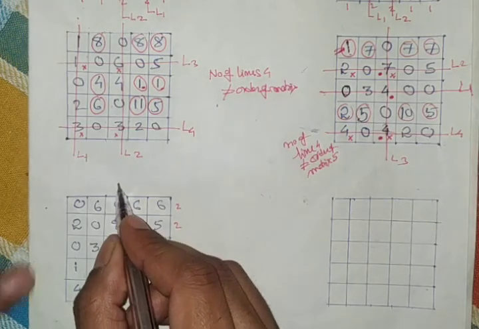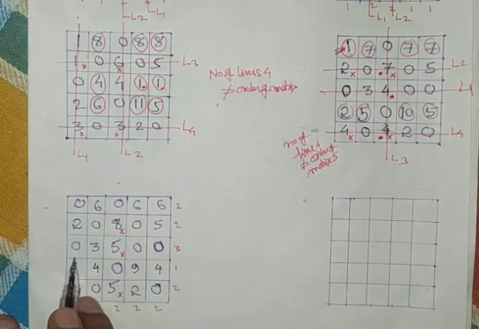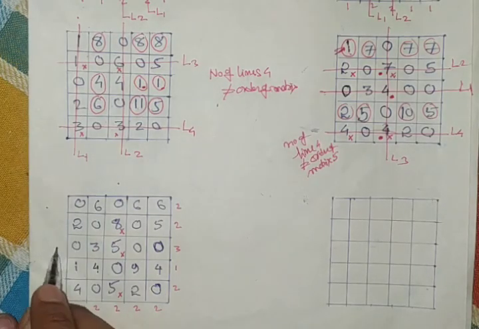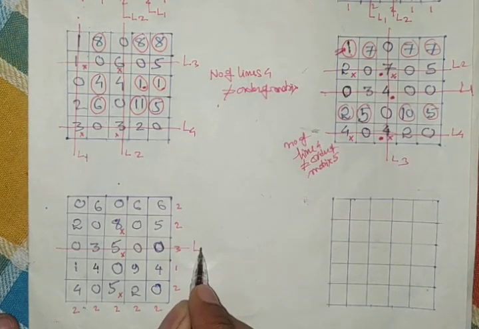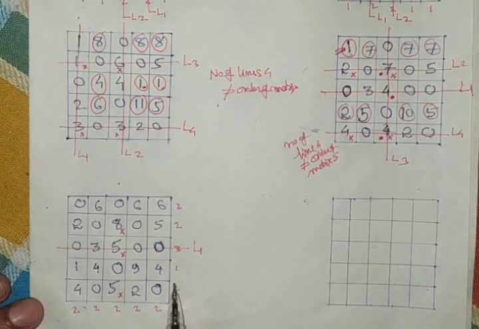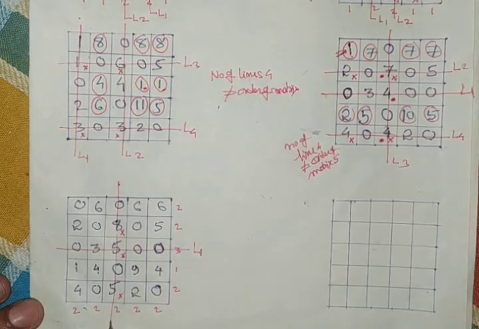So I will draw a line here. This is number 1, 2, 3. So I draw a line here, number 1. So this is another one, suppose L2.